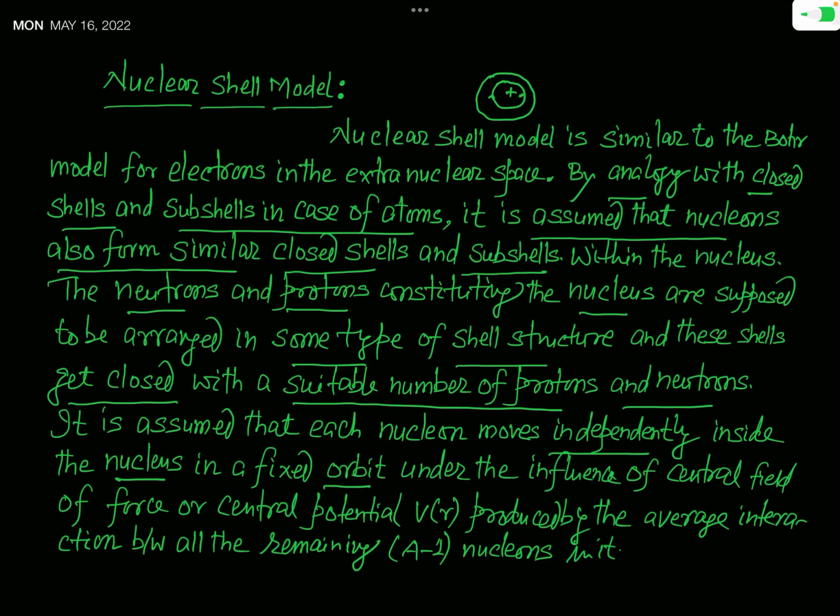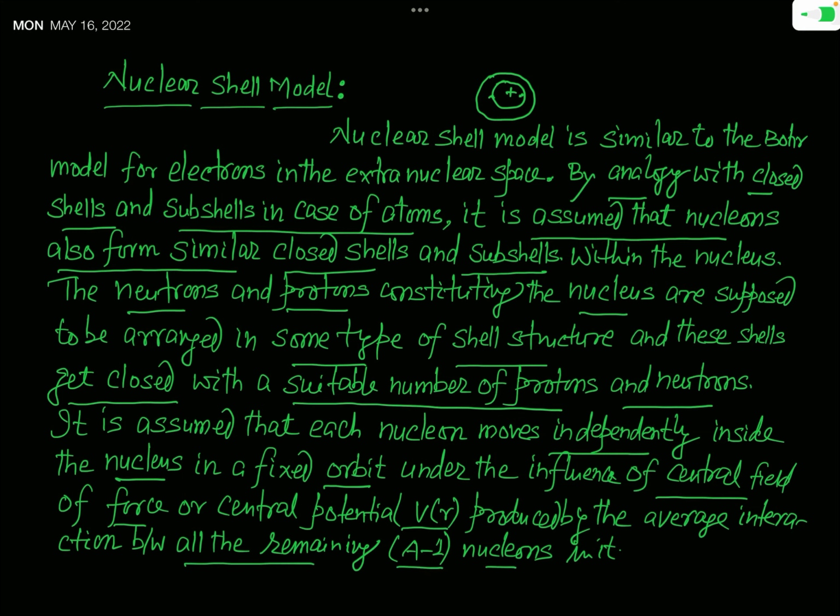In this model, it is assumed that these nucleons are influenced by a central field of force, or central potential V(r), produced by the average interaction between all the remaining A-1 nucleons.